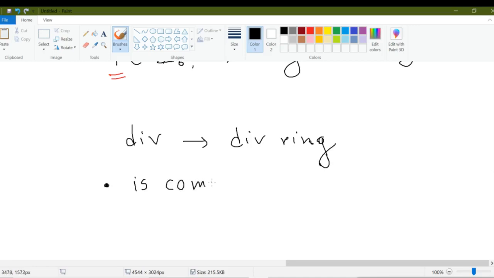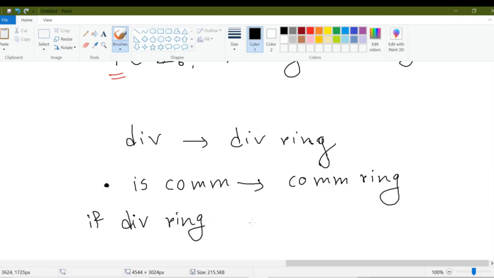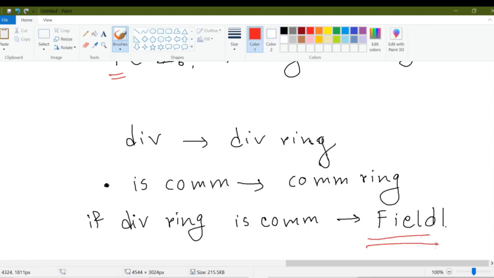If dot is commutative, we call it a commutative ring. If a division ring is commutative, we call it a field. We will consider this topic in our next video.